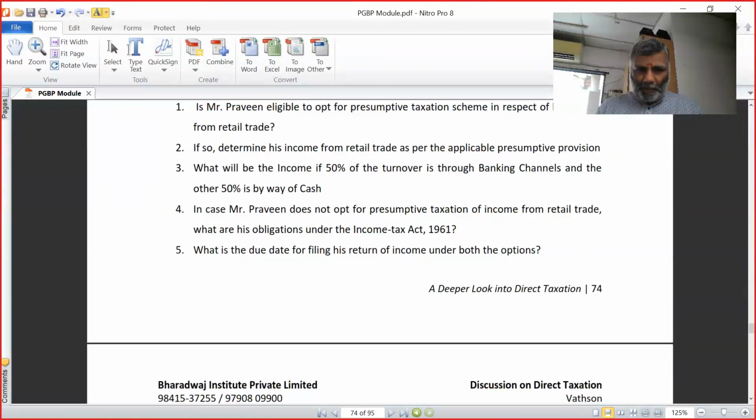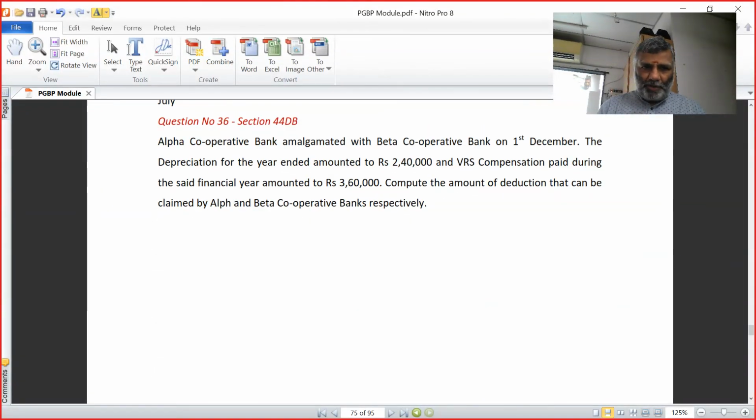There was one question in our institute material on this. Alpha Cooperative Bank amalgamated with Beta Cooperative Bank on 1st December. The depreciation amounted to 240, VRS 360. Compute the amount of deduction that can be claimed by Alpha and Beta cooperatives.